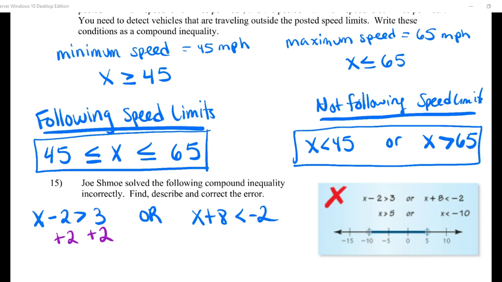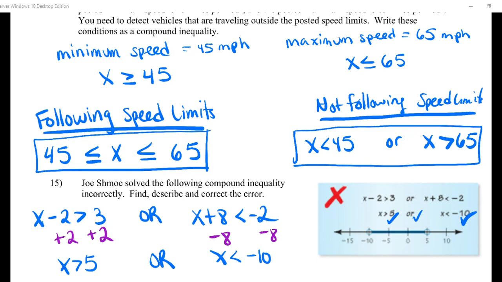So we would add 2. He's got that correct. For the inequality on the right, we would subtract 8. He's got that correct. He's got the word or.